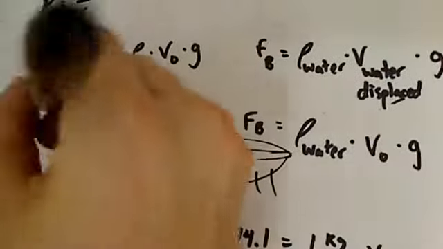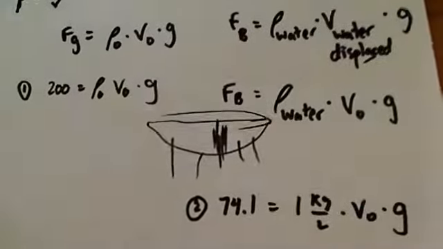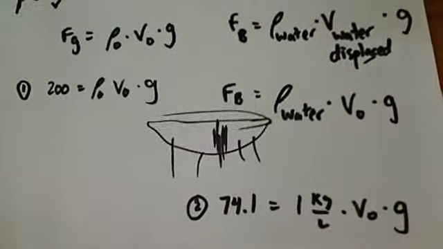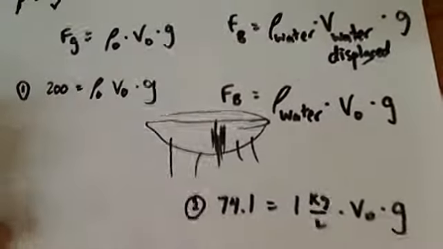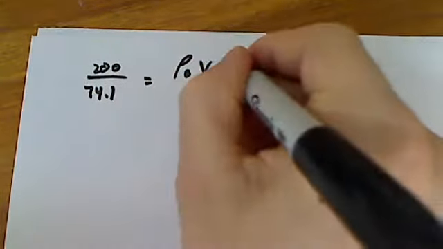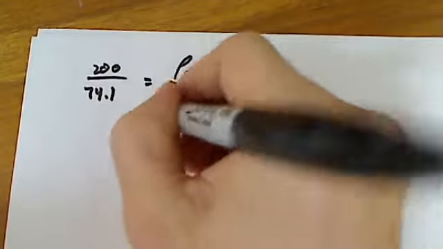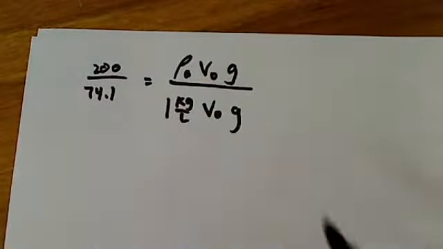So let's divide equation 1 by equation 2. When we do that, we get 200 divided by 74.1 is equal to... look what happens.